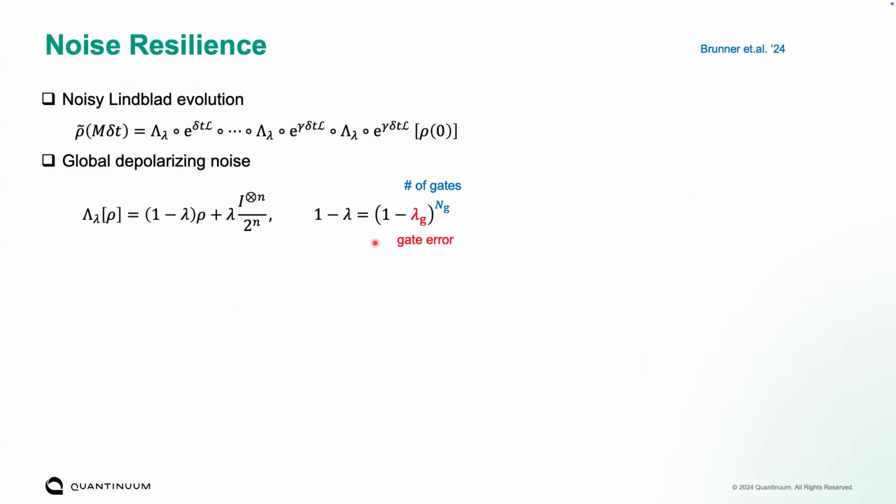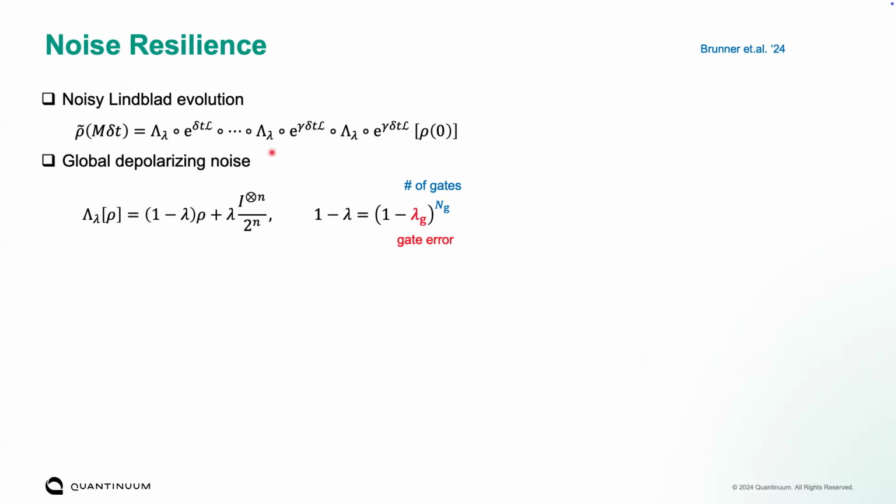That's pessimistic, but that's one way to estimate. So lambda g is the two-qubit gate error, let's say. Then the probability that none of these are failing is (1 minus lambda g) to the power of N_G. So that's the probability that you successfully execute this one Trotter step. And then for the rest, you will lose all the information. So this is kind of a worst-case estimate, but this is one way to model the noise of the system.